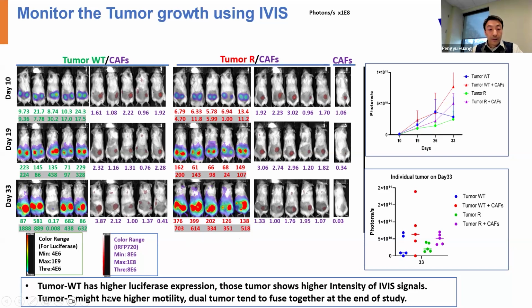Another thing, with this tumor R, you can see they're building together. I think they have stronger metastasis, so they're fusing together. The data is just summarized here. The wild-type tumor can be killed by the CAR T, but with the CAF, they get some protection here.